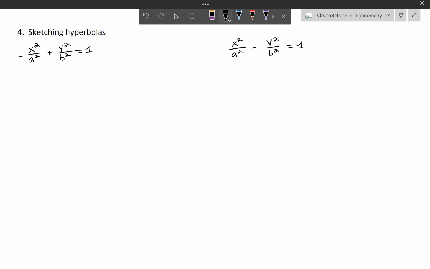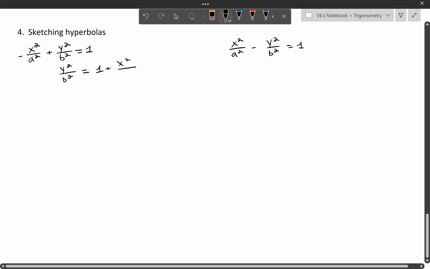So in case we have minus x squared over a squared plus y squared over b squared, right? You can see that y squared over b squared is 1 plus x squared over a squared.